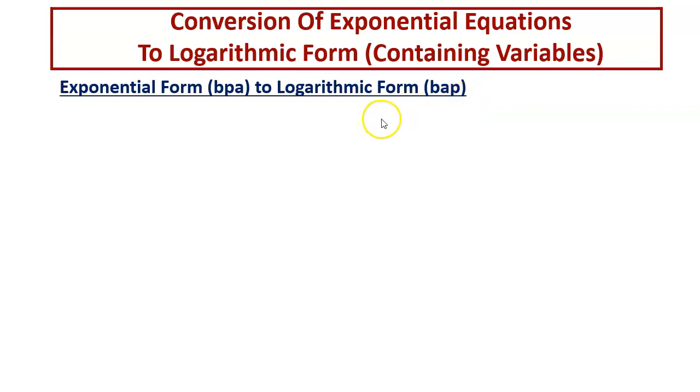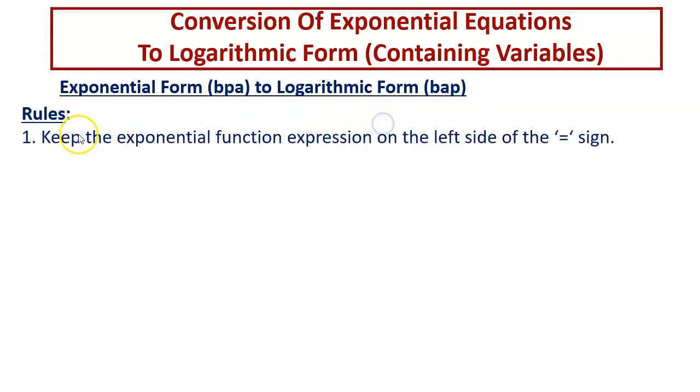Okay. Now let us come to the rules. Rule number 1, keep the exponential function. Again, I have used this word function. You may read it as the exponential term, the term containing the power, on the left hand side of the equal to sign. Now this is not a compulsory step. I am assuming that you are totally a beginner to this chapter on logarithms, so you do not know how to convert exponential equations to their corresponding logarithmic form.